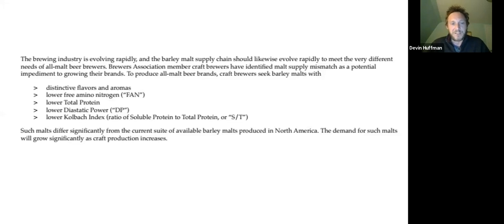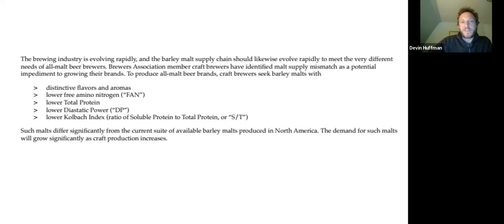You can be a little bit more flexible with your S&T ratios and distinctive flavors and aromas being the main driver. And as I said earlier, the North American varieties were bred to be flavor neutral. So we're looking for different varieties that we can develop more pronounced, more aromatic malts.